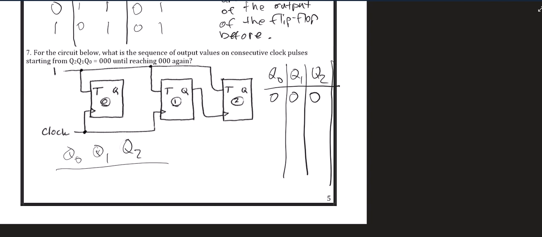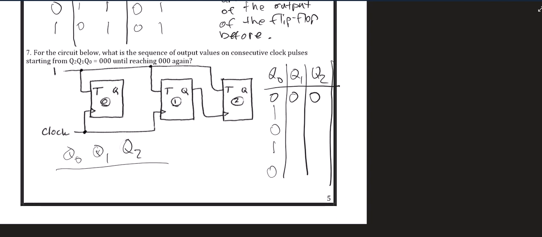And so on each clock cycle, it will toggle. So 1, 0, 1, 0, and we don't know when we're going to get back to 0, 0, 0 again, but we'll see.